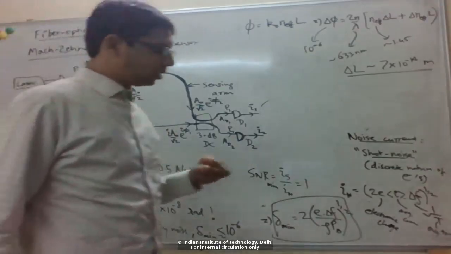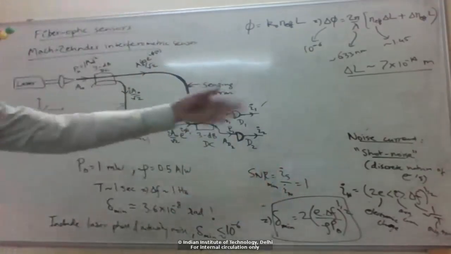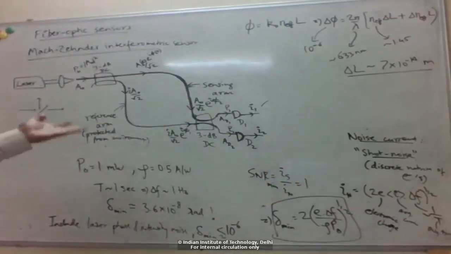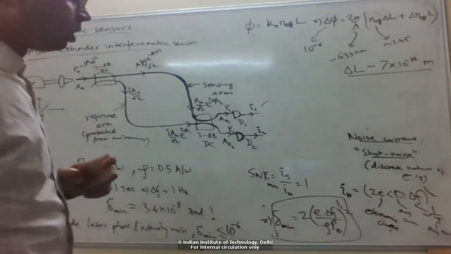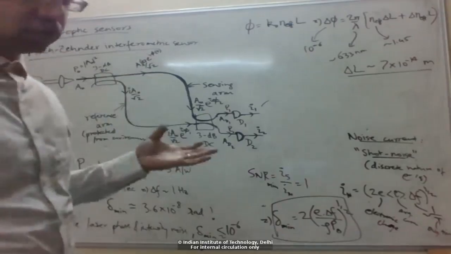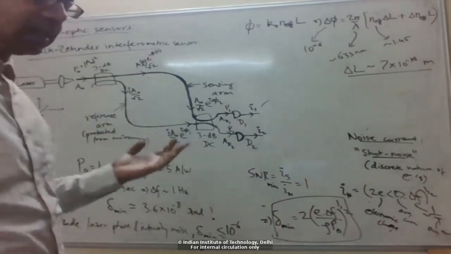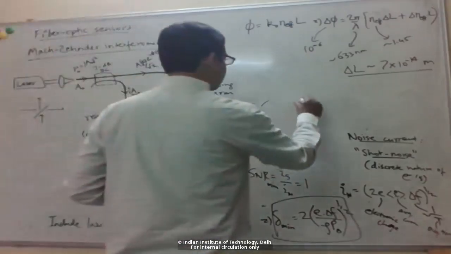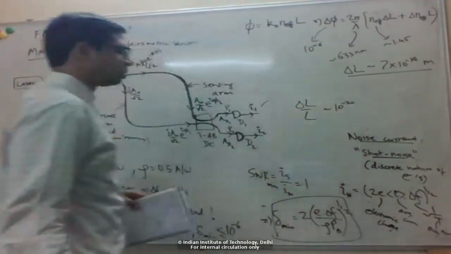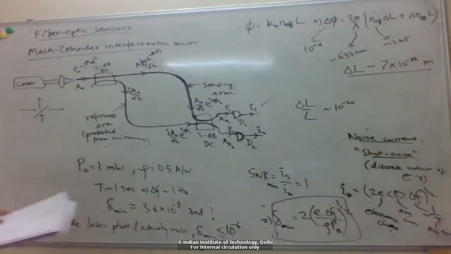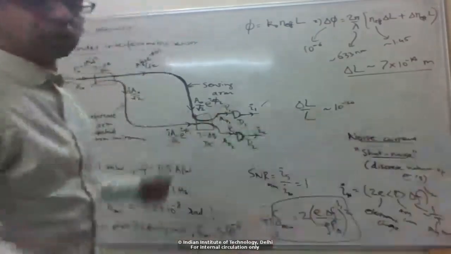So you can see the levels to which optical sensors are going. Now they're used for detecting gravitational waves, which give me length changes. The delta L by L that they are detecting is of the order of 10 to the minus 20, and L there is about 4 kilometers.